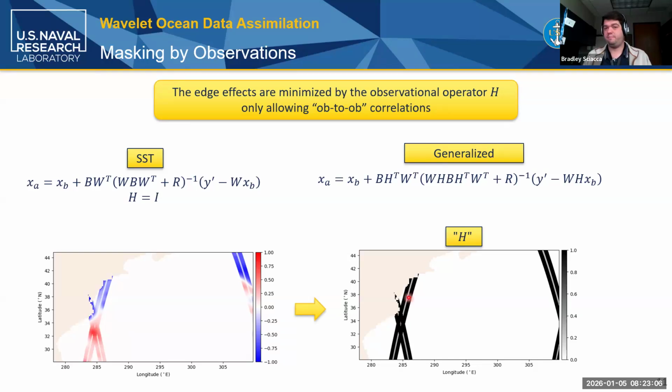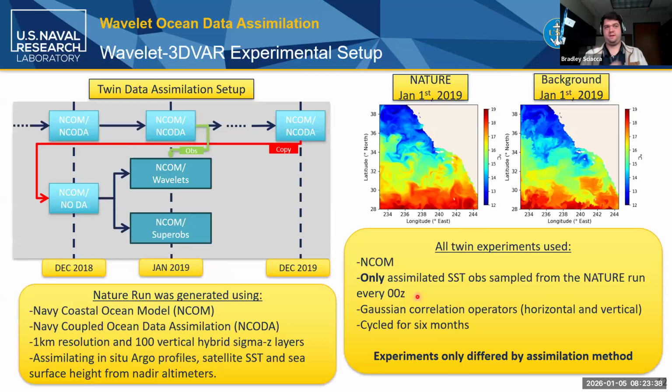We mask by the original observation locations on the model grid, so we're only keeping the observations where they are themselves, and everything else is zero. So when we transform with the wavelet transform, we're just transforming the observations themselves. Then when we come back to the model grid with H, it's enforcing just those locations, and we're not keeping any outside edge effects that might have popped up.